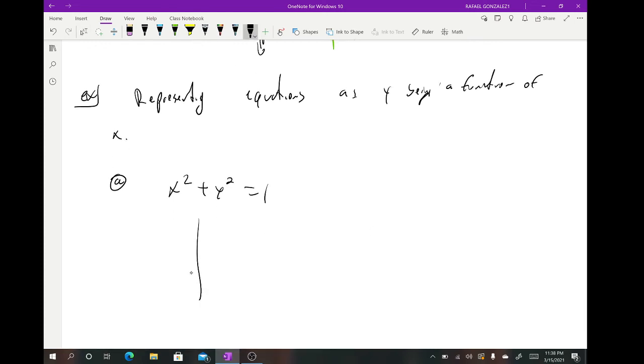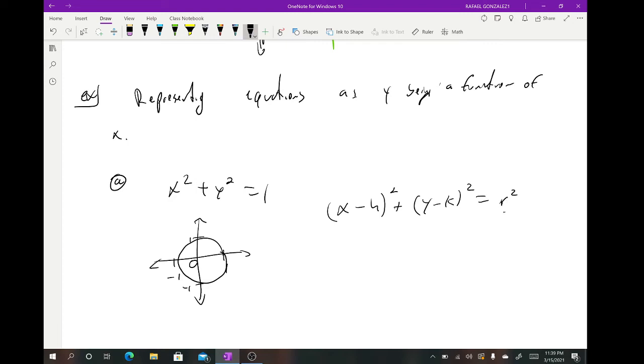From pre-calculus, you should know that this is a circle centered at the origin with radius 1. This is the so-called unit circle. All right, so if you don't remember from pre-calc, this will be something like this, where r is the radius and h and k are the center of the circle.